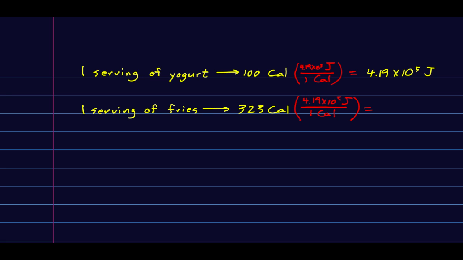And so that is, my calculator says, 323 times 4.19 E3 is 1.3, we'll call it 1.4, 1.4 times 10 to the 6 joules. Okay, and look, we're talking hundreds of kilojoules or even megajoules in fairly typical foods. These energies are big compared to what we're used to seeing.